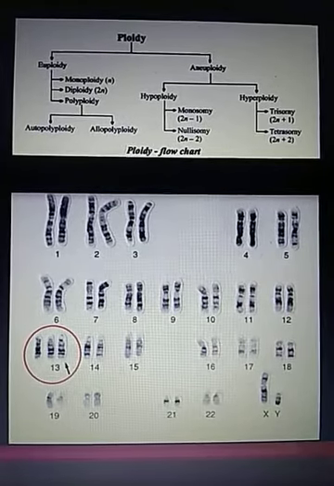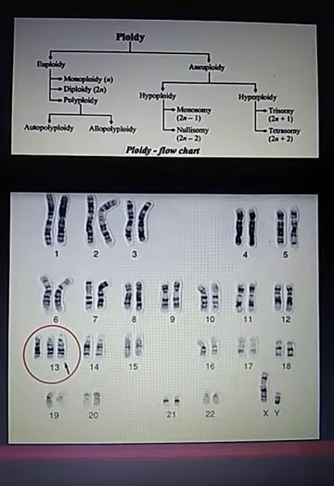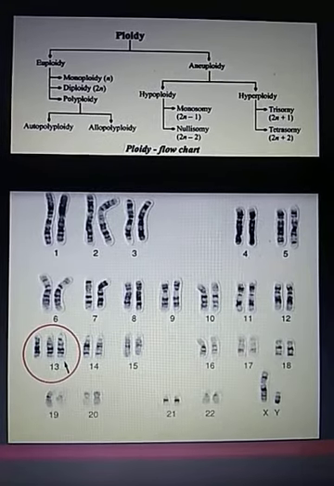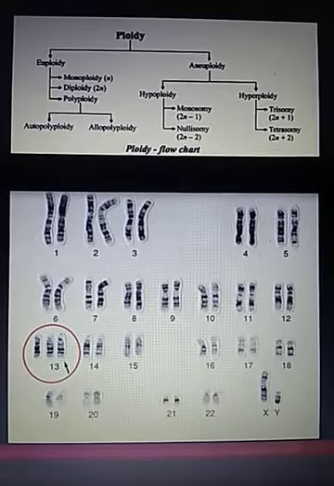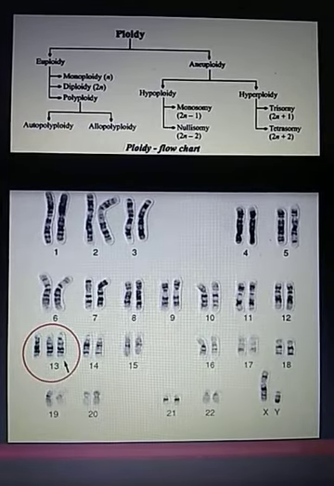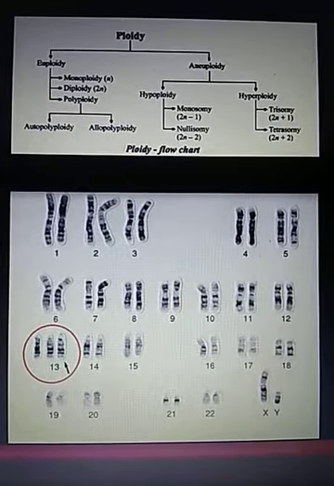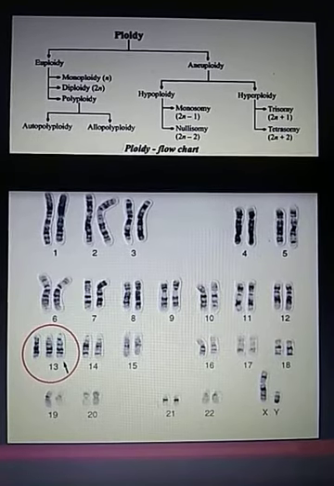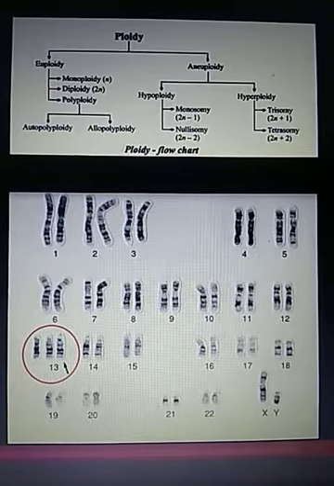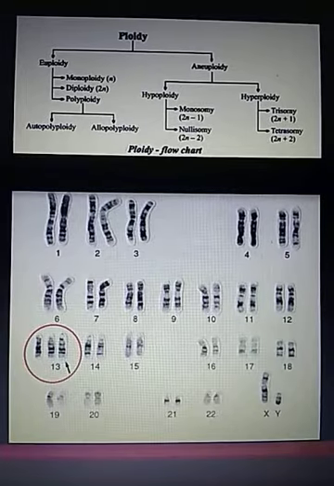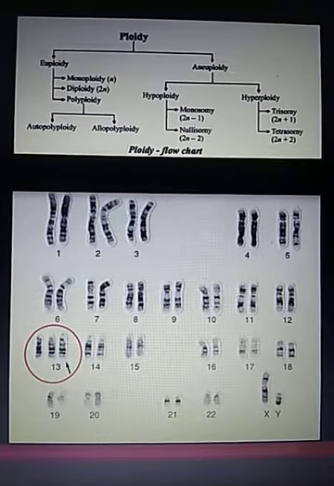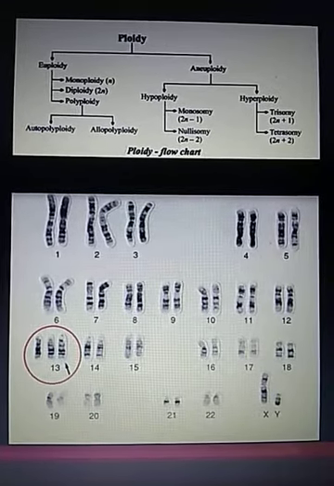So tetraploidy means a condition where this 23 is multiplied by 4 and becomes 92 chromosomes. Tetraploidy means 4 times the haploid number, hexaploidy 6 times, octaploidy 8 times, and so on. So autopolyploidy is the condition where the multiple of the haploid number is even.